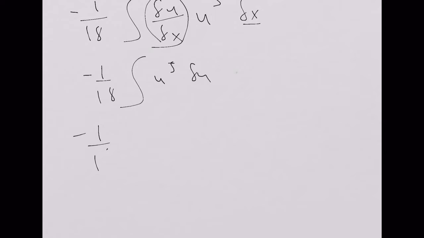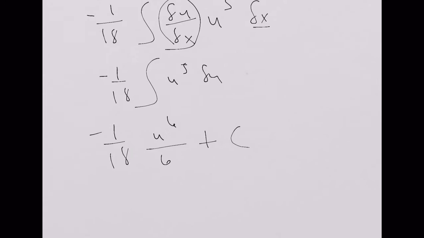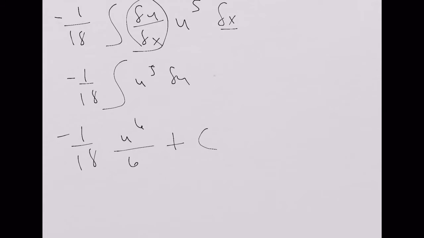And so now I turn it into this power rule. Negative 1/18 u to the 6 over 6 plus some constant. Always remember that plus constant. So that would give me 18 times 6 is 108. And then lastly, we know what u is.